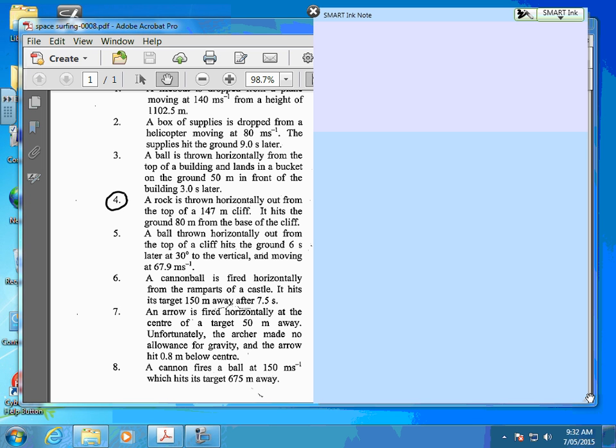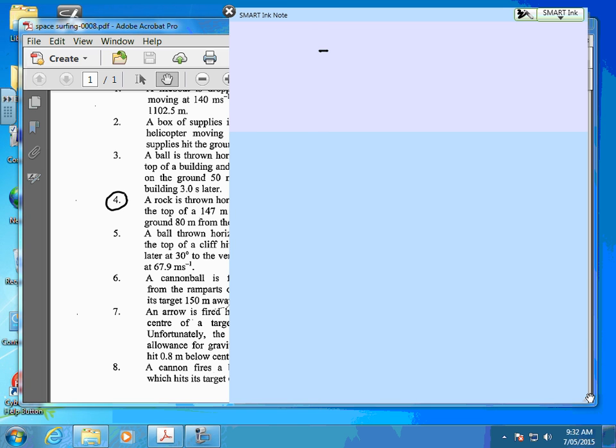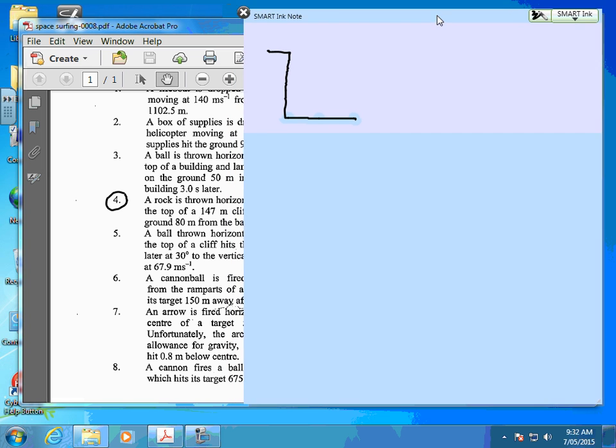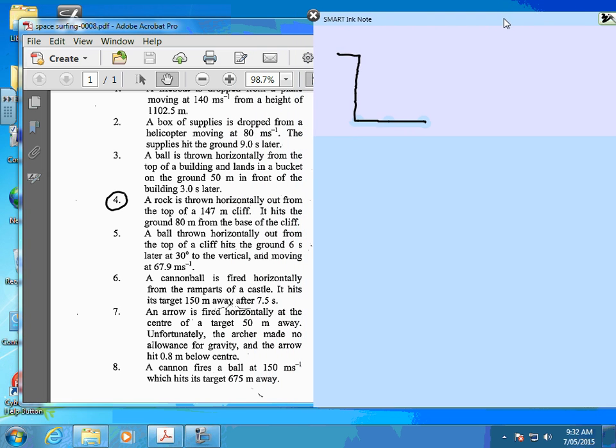So what you have is you have a cliff. We did the top. I think you did the cliff one too. Yes, you did. So you have a rock.